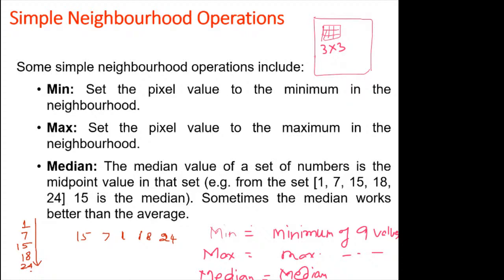Then the middle value, the third entry, is called the median. Is it clear? If there are 7 values, then the fourth one will be the median. If the count is even, then there will be 2 medians, like with 1, 7, 15, 17, 18 and 24.